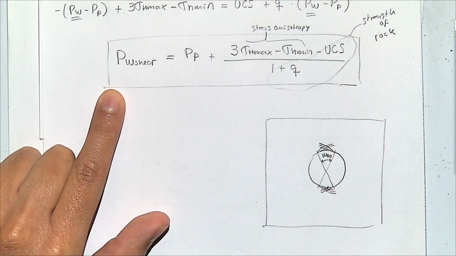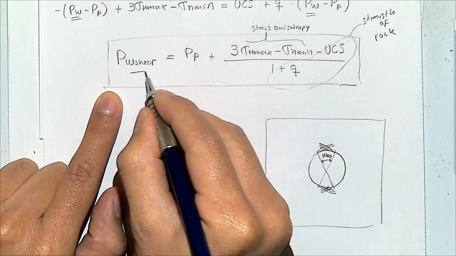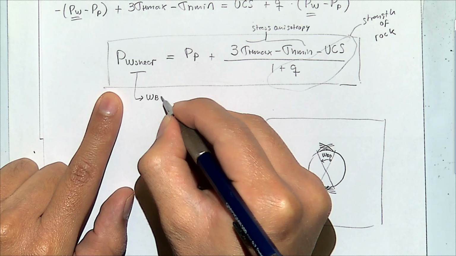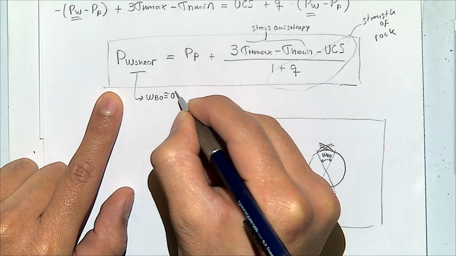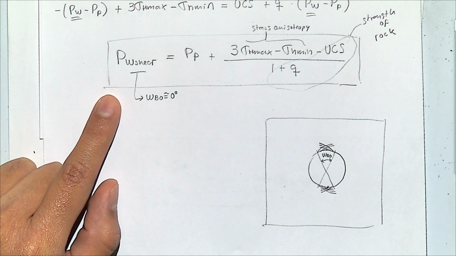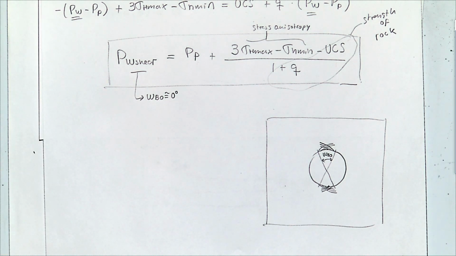The equation that we just developed is the one for when the breakout angle is about 0 degrees. So it's a very tiny failure. But sometimes we can let shear failure happen in a wellbore with a breakout which can be at about 40 degrees, 50 degrees, something stable, and the wellbore is still going to be fine.